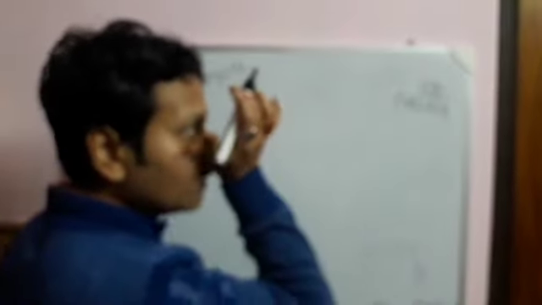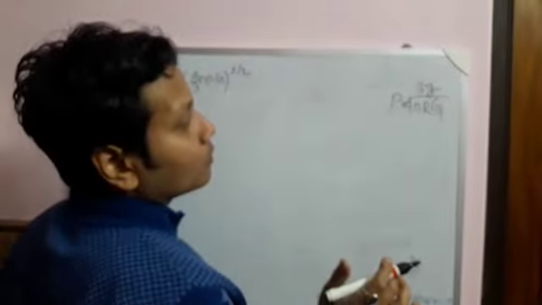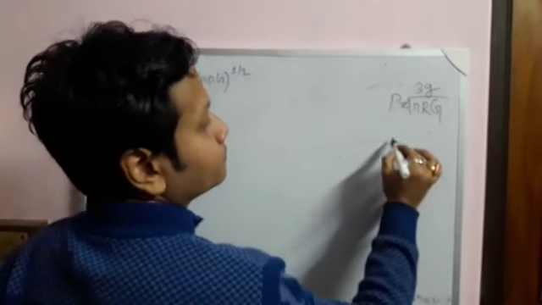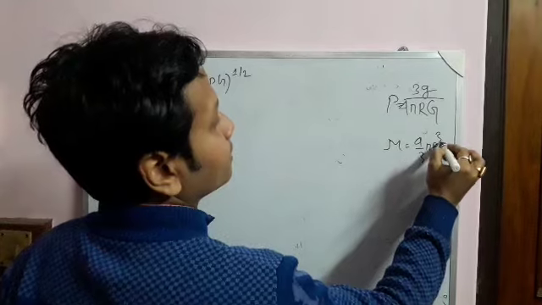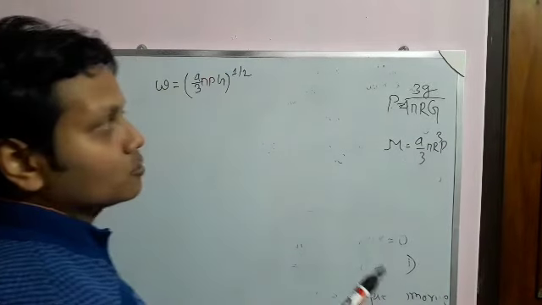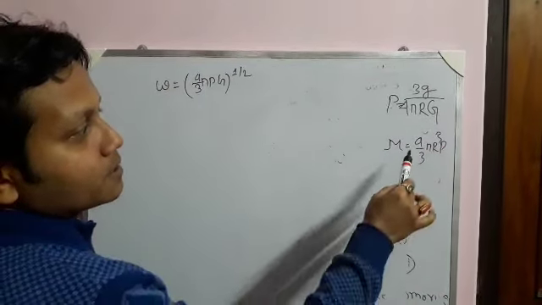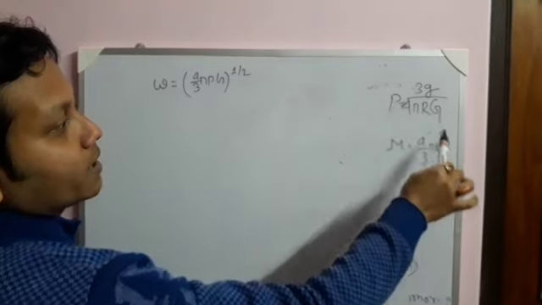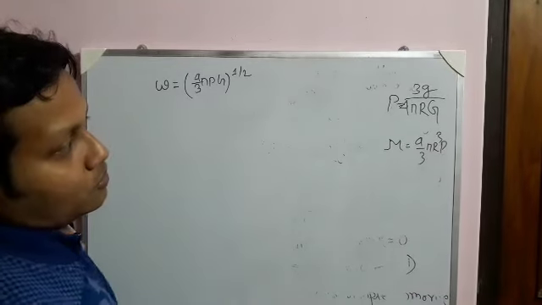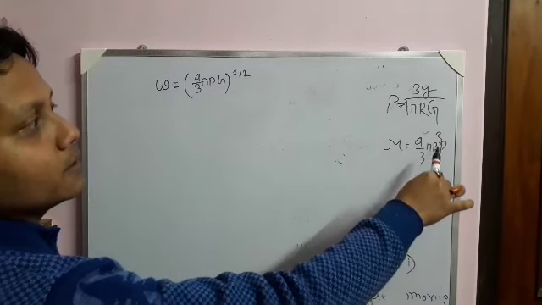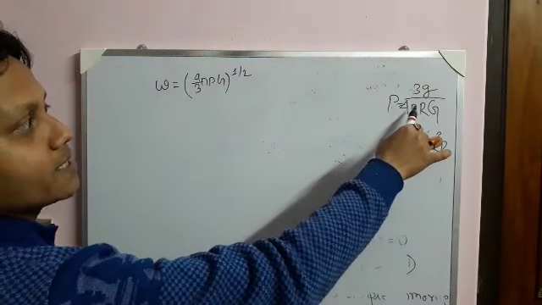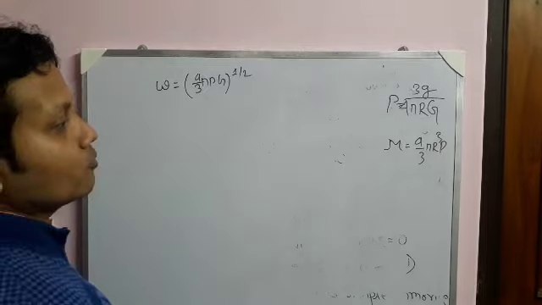Because by using the formula M equals 4/3 pi R cube rho, and also by substituting the value, we can write rho. By using this expression and simplifying, we can write simply rho equals 3g by 4 pi R G.